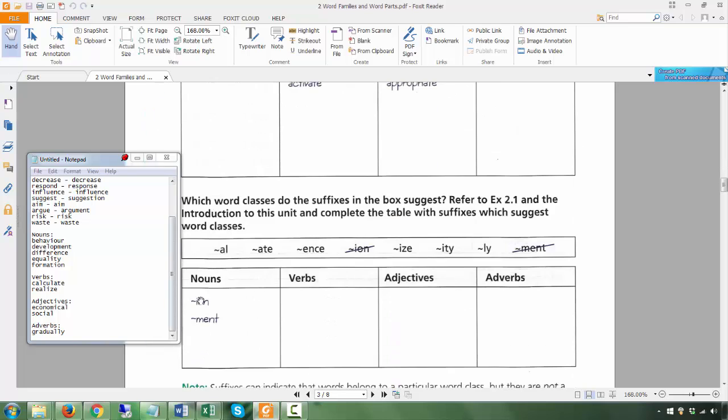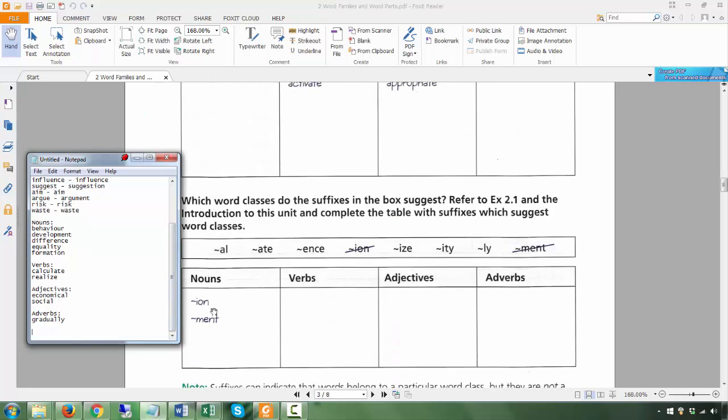Okay, but then after that, you come to this task. For nouns, ion, ment, those are normally, if you have words ending with those, it's a noun. What else for nouns? You have ence, difference, and ity. For verbs, you have ize, realize, and also ate.